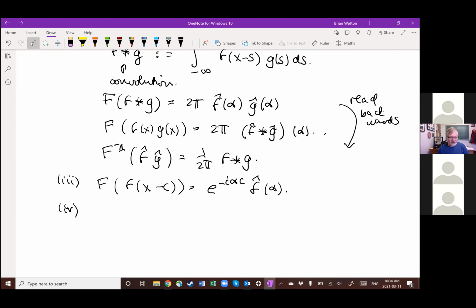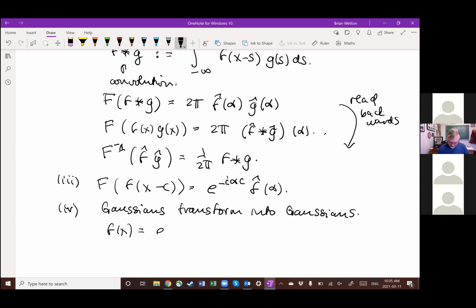If you've looked at the Fourier transform, then you've seen this, that Gaussians transform into Gaussians. So if f of x is a Gaussian, e to the minus x squared over 2a squared, then f hat of alpha is a over the square root of 2 pi times e to the minus a squared alpha squared over 2.